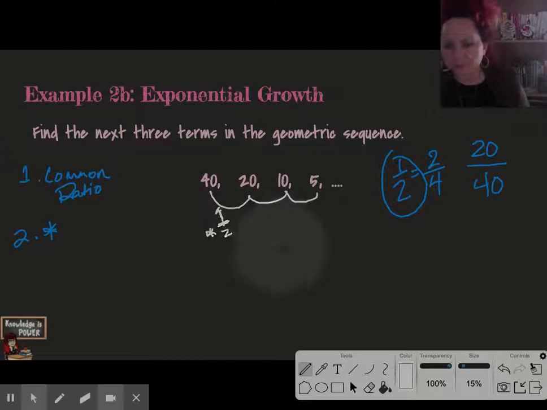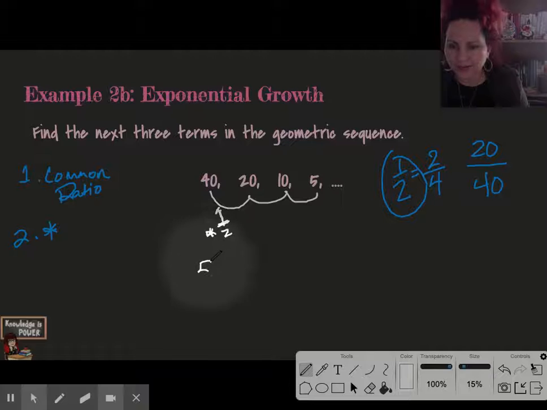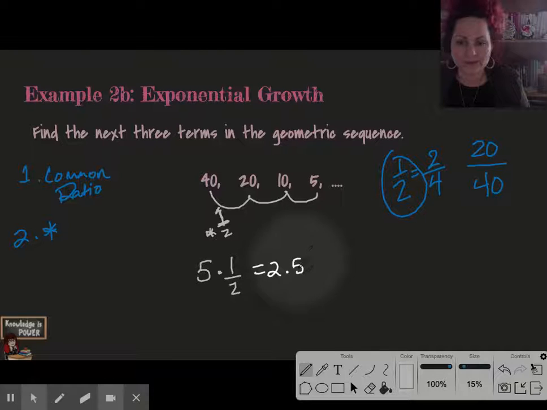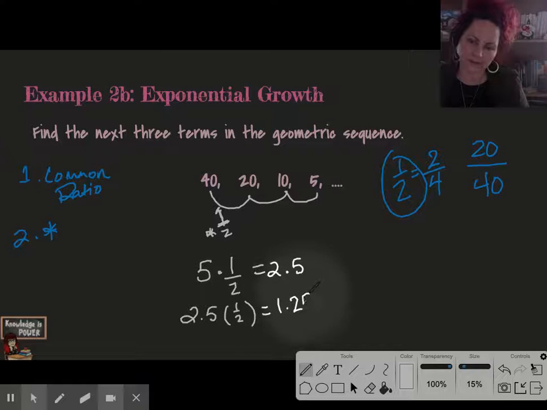So here we go. 5 times 1/2. Half of 5 is 2.5. It's like half of $5 is $2.50, right? Okay, so then that's 1.25. What's half of $2.50? $1.25.